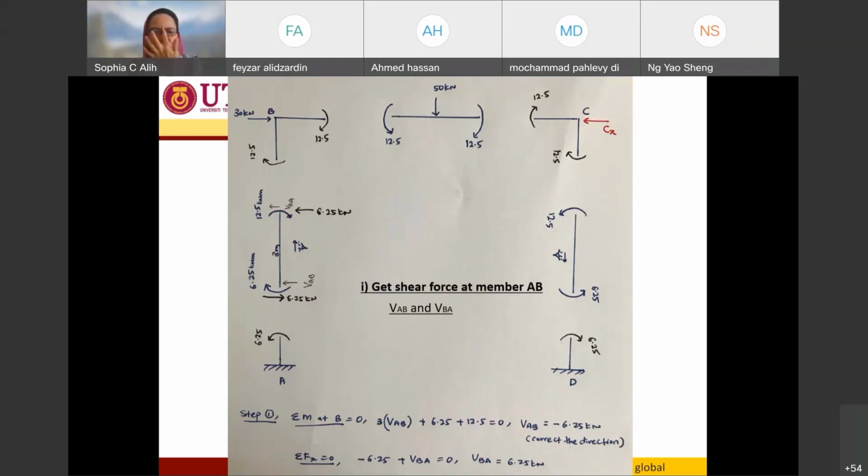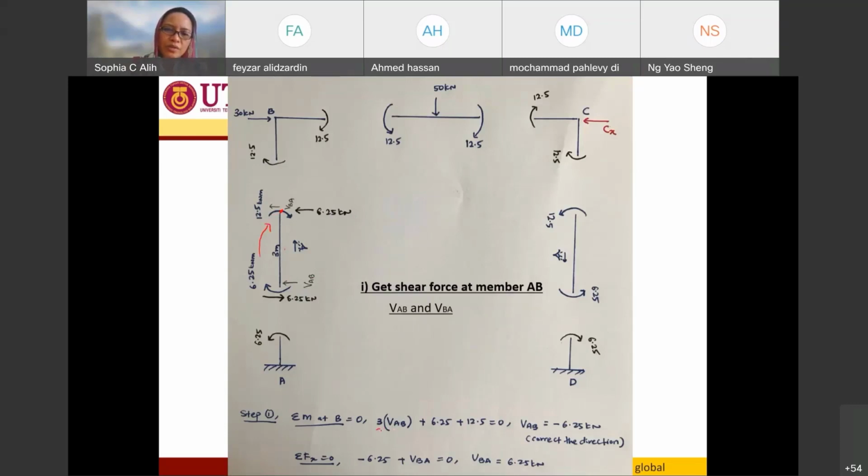Now, in order for me to get it, I just take the total moment at point B to be 0. Since this shear force over here is going to rotate to get to B, it's going to follow the clockwise direction. Okay, so it's going to be positive. So this is positive VAB, and the moment arm is 3.